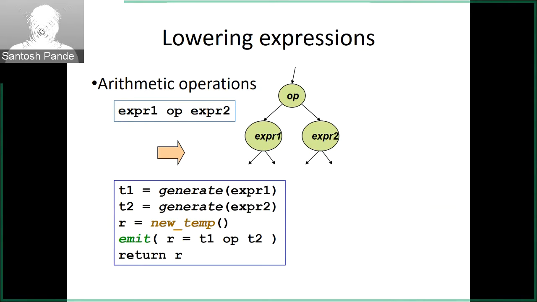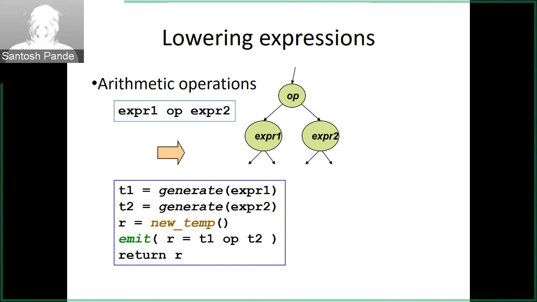the result of that will be returned in a symbolic name. So the return value here is a string name, which is being held in T1. And the second one is similarly invoked: the generate function on expression 2. The code is generated by the generate function, and the result of that code will be sent in a symbolic name through that generate function, and it will be held in T2.